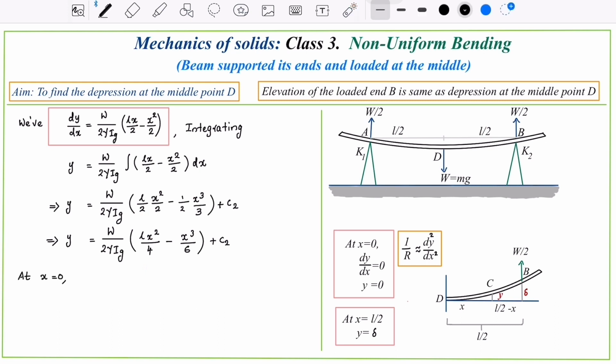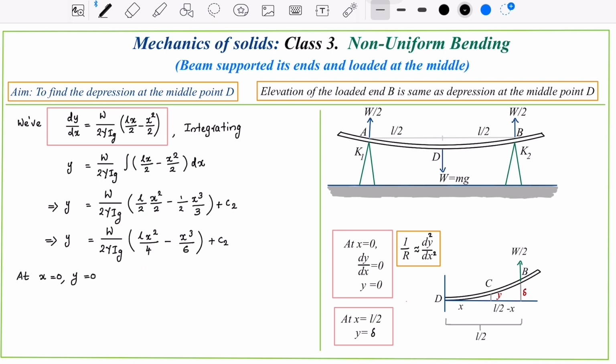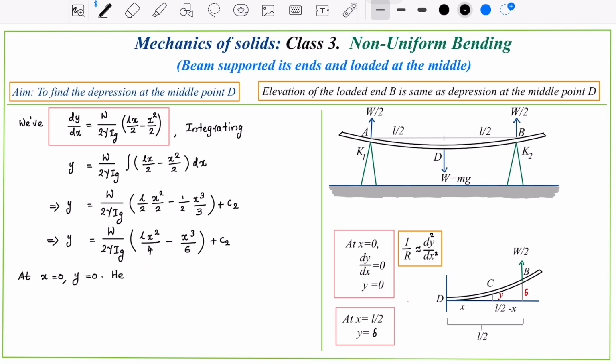This implies 0 is equal to W divided by 2YIg into L into 0 square by 4 minus 0 cube divided by 6 plus C2, and this implies that C2 is equal to 0.